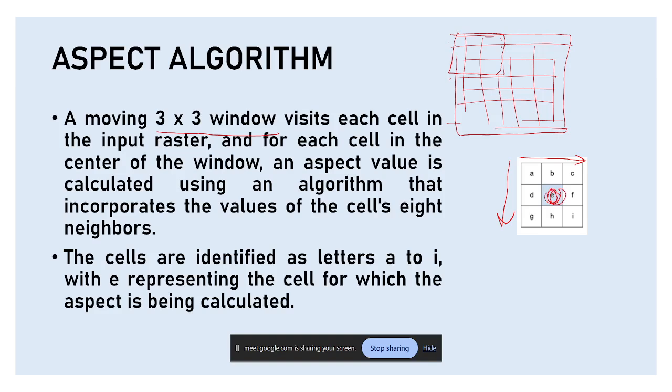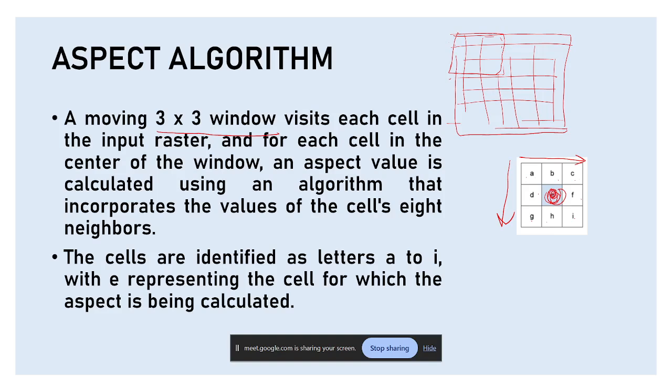And all these 8 cells surrounding E, that is A, B, C, like 1, 2, 3, 4, 5, 6, 7, 8, 8 cells. That is what they're saying. For these 8 neighbors, whatever value is there, based on some algorithm we will calculate, and that value will be assigned to the center point.